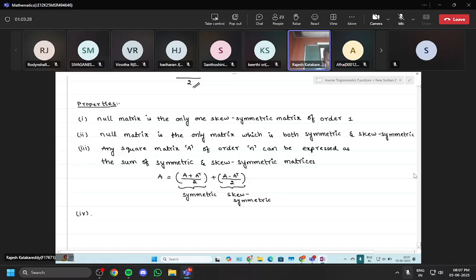Fourth one. The principal diagonal elements of a skew symmetric matrix are equal to 0.